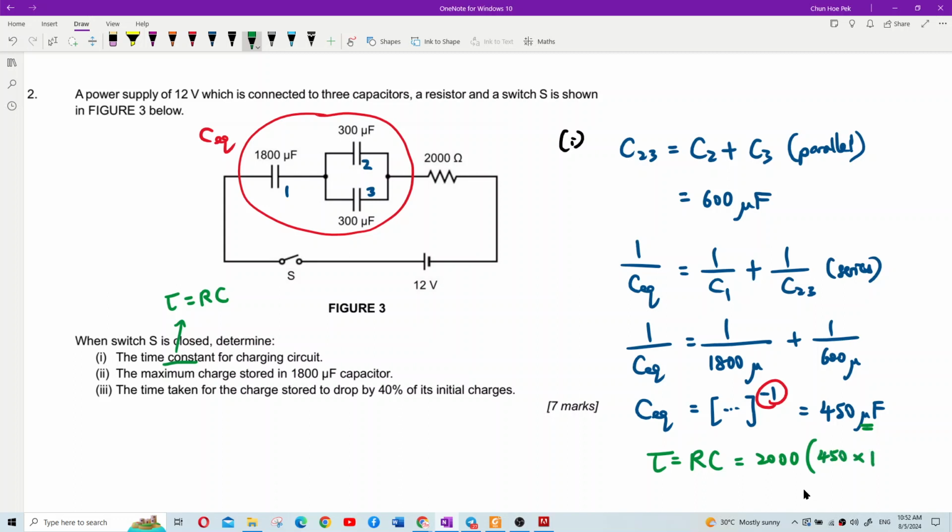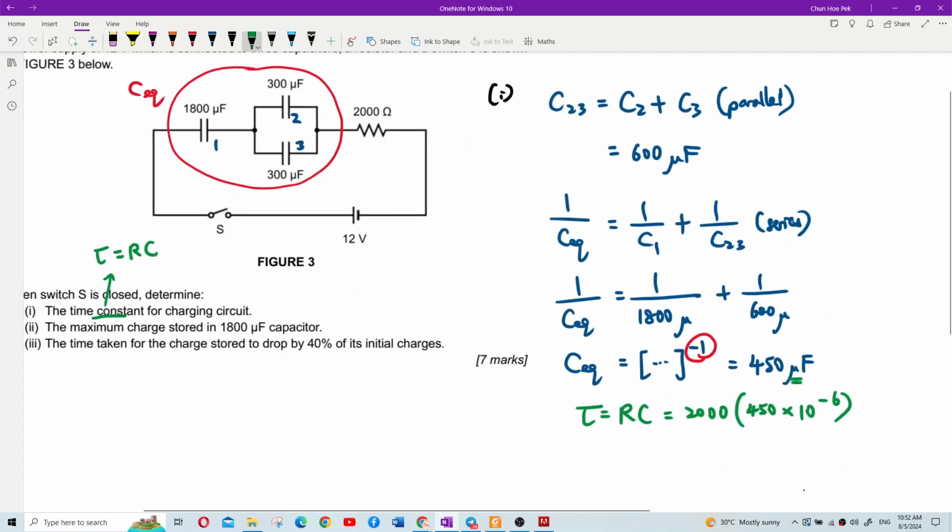Micro is 10 to the power of -6. Once you change it, I get the answer 0.9.